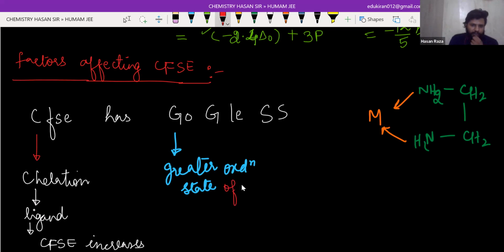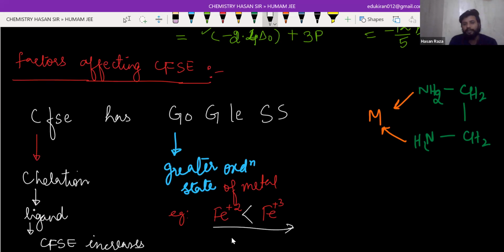For example, if you calculate the oxidation state of iron in two complexes and you get Fe+2 and Fe+3, then Fe+3 will have more CFSE. That means you can see CFSE increases when the oxidation state increases. Are you getting my point? This is a symbol for increasing. Is that clear?